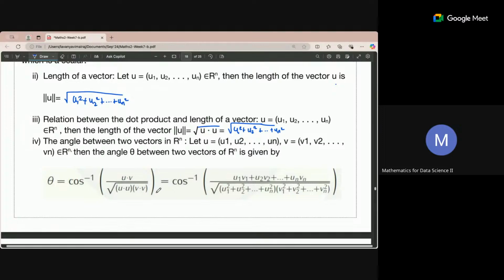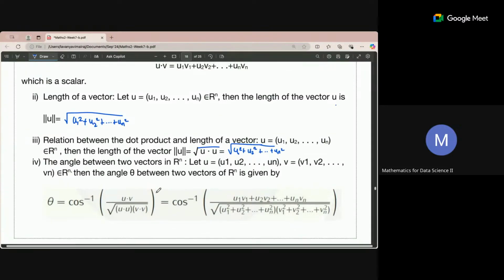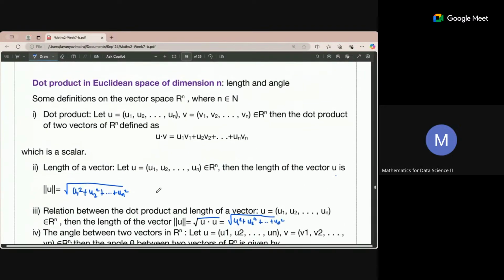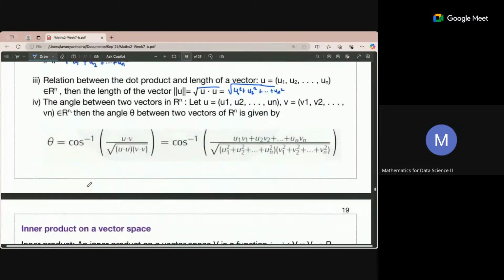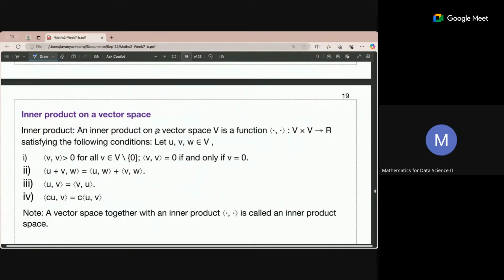Those properties were collected together, and if a set satisfies them, then such a space is called a vector space. That is how we introduced vector spaces. The same we are going to do for inner products. There are certain properties of the dot product, so we are going to collect them and call it an inner product. Any function satisfying these properties, you call an inner product.